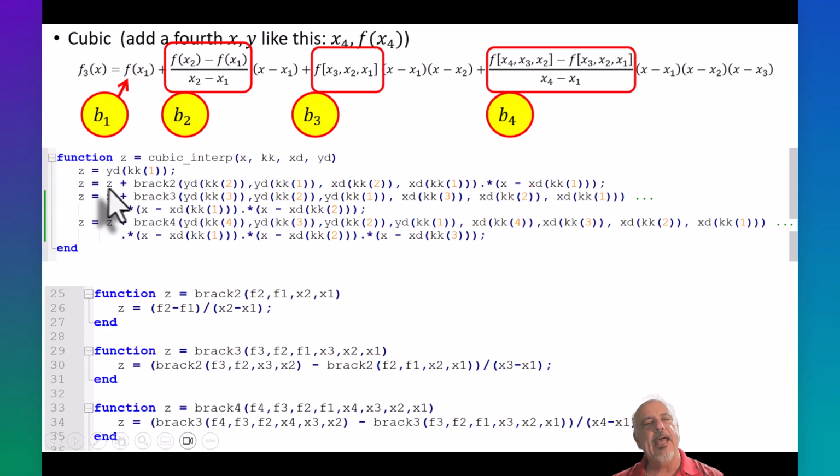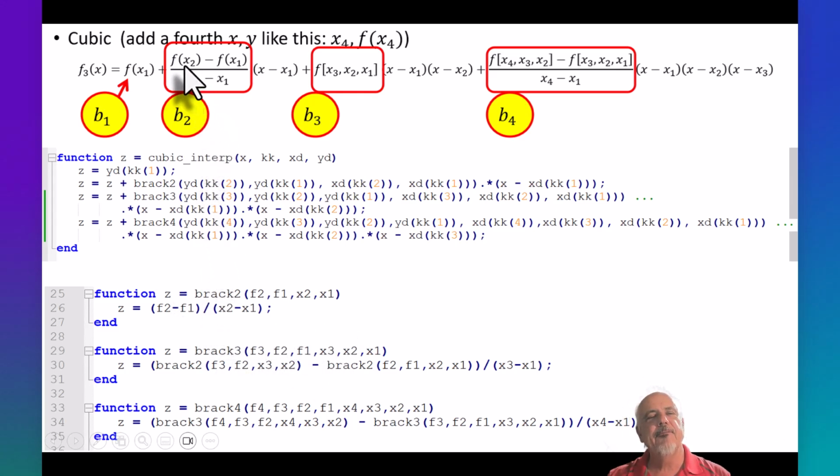And then I'm going to add to it a brac2. So there's my brac2. I need to give it the f2, the f1, and then I need to give it the x2 and the x1. When you look at my brac2 function, I really just give these to students because it's trivial. They're so easy.